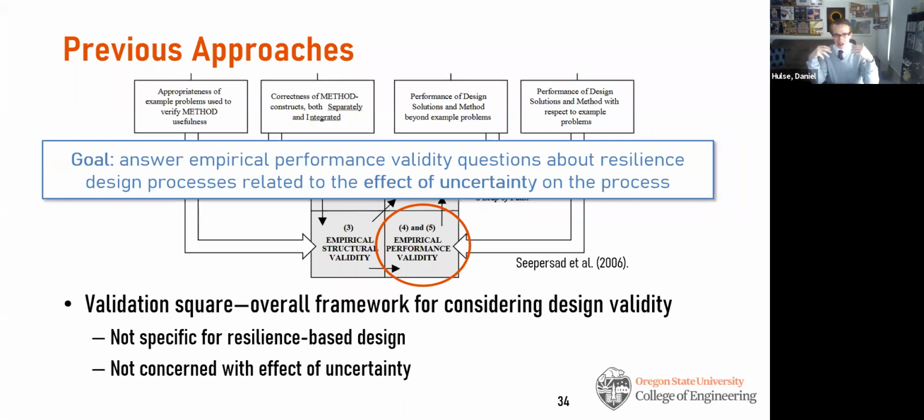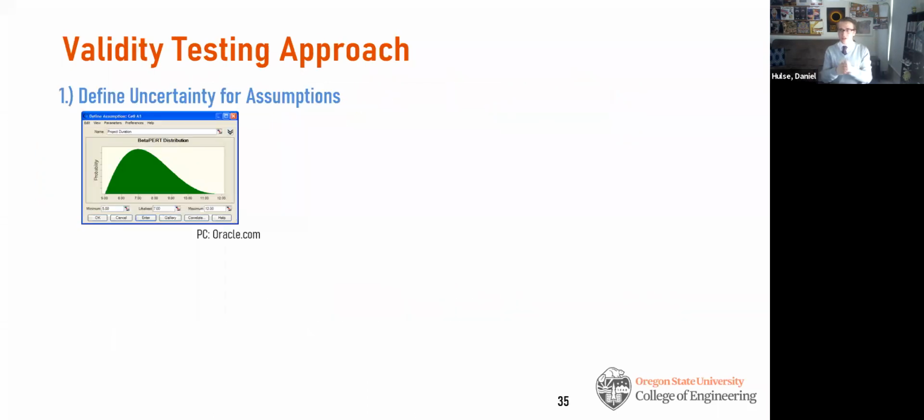this question of how well does a design process perform empirically, given there is some sort of effective uncertainty on the process. And so in order to create this testing approach, we first define a space of uncertainty for our assumptions.